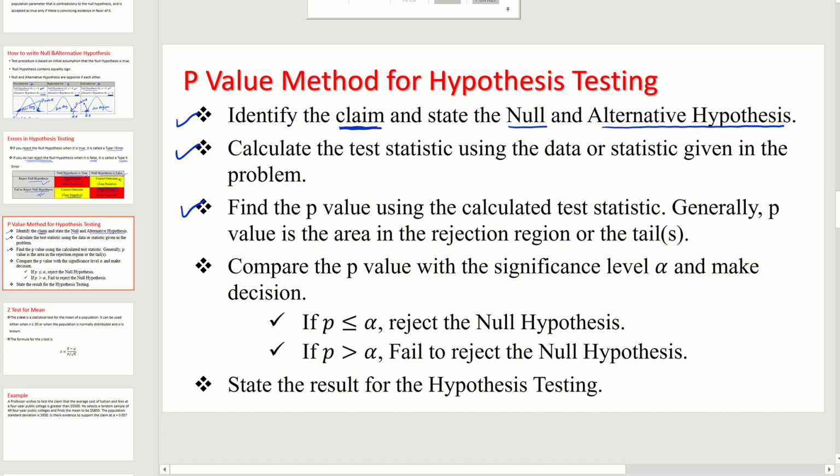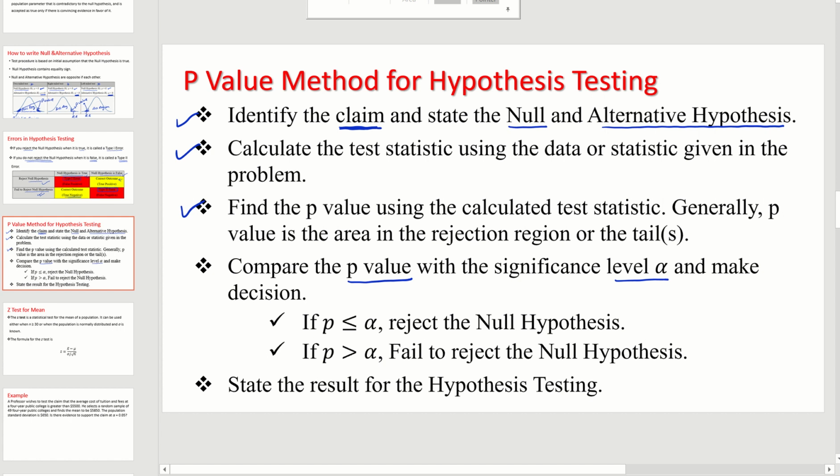Now, once you have the p-value, you're going to compare your p-value with the significance level. When I say significance level, it is the opposite of the confidence level. For example, if we are talking about 95% confidence level, then the significance level will be 100 minus 95, that will be 5. So alpha is the significance level, which will be given in the problem.